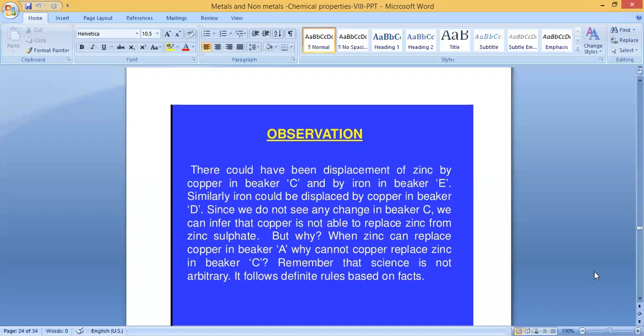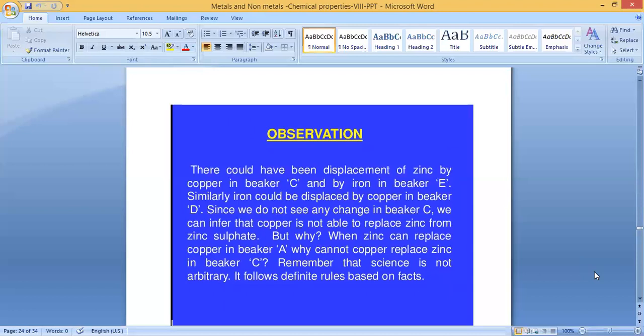Since we do not see any change in beaker C, we can infer that copper is not able to replace zinc from zinc sulfate. In the first case, beaker A, zinc replaced copper, but here it is just the opposite.